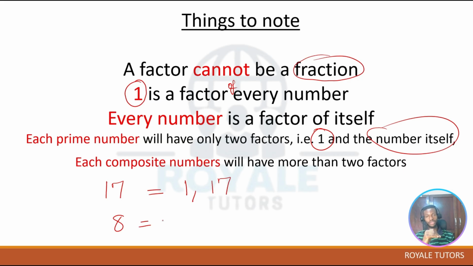And what are the factors of 8? We have 1, 2, 4, and 8 itself. But don't worry, as we continue with this lesson, you will be able to generate the list of factors for each number presented to you.